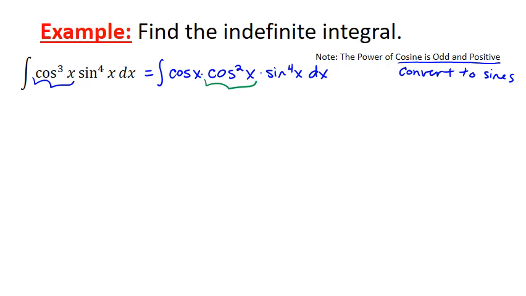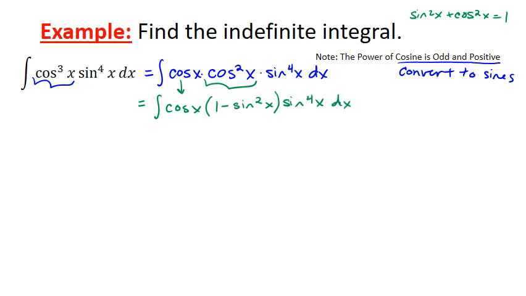So I can rewrite this as the integral of, keeping this cosine of x, 1 minus sine squared of x. Again, I'm just applying the Pythagorean identity, the one that says sine squared plus cosine squared is equal to 1. And then this is multiplied by sine of x to the 4th dx.